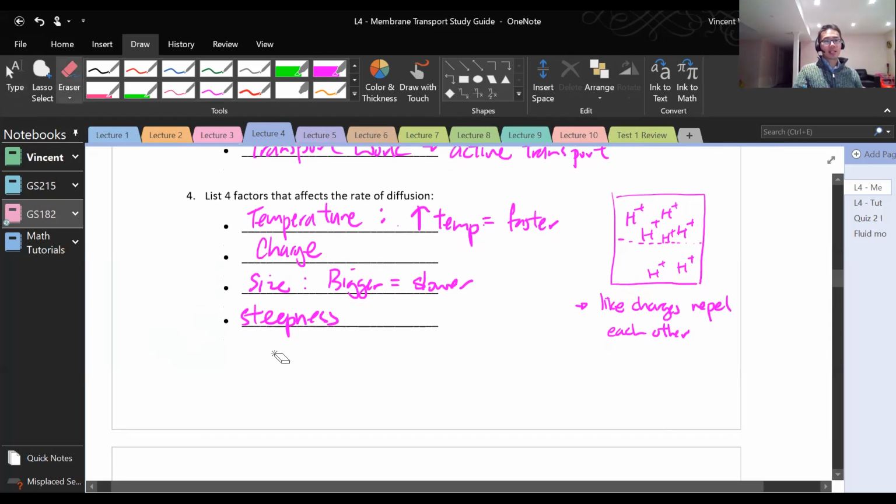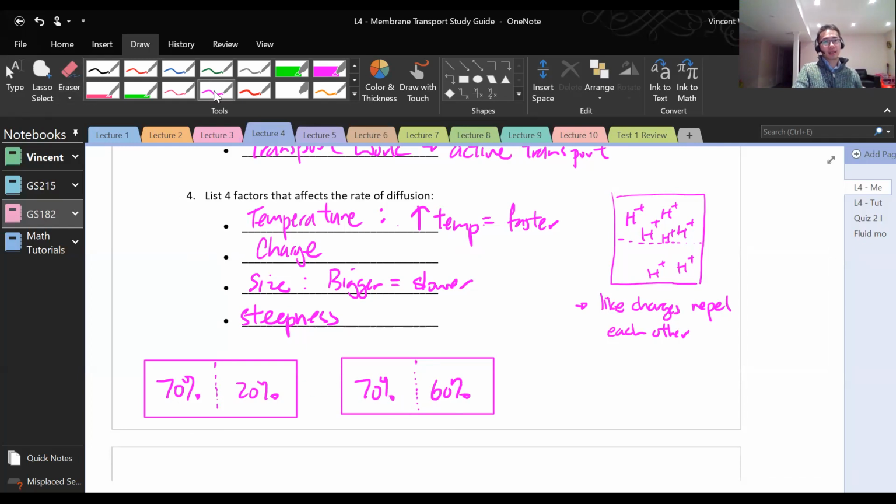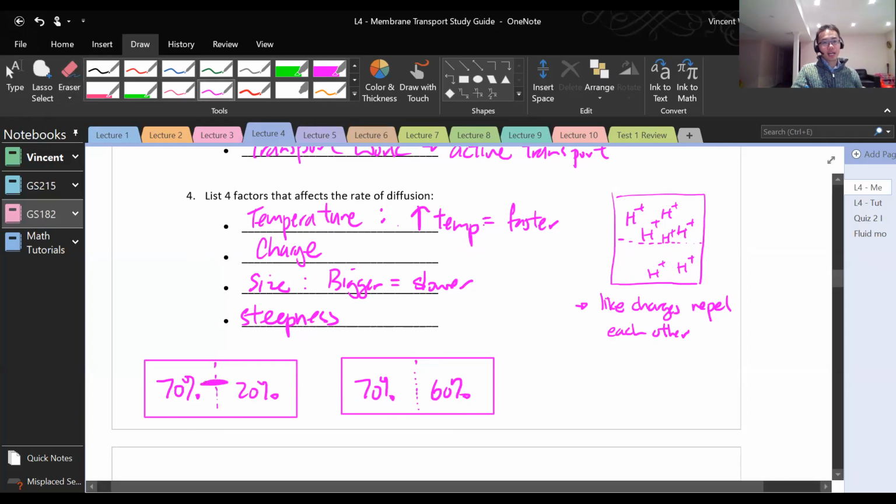So what does steepness mean? Let's say you have two sides in the chamber, and this is a semi-permeable membrane. Let's say you have a 70% sugar solution and a 20% solution versus a 70% to a 60% solution. Which one will have faster diffusion? The sugar will go from the higher concentration to the lower concentration.